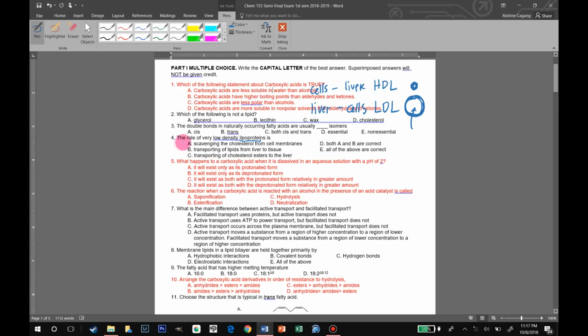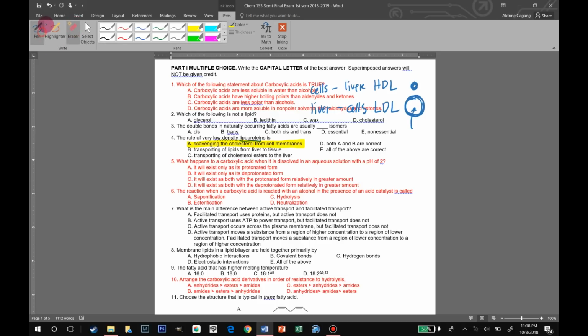So the role of very low density lipoproteins, the most appropriate answer between the choices is going to be letter A. You have scavenging the cholesterol from cell membranes. Letter B is not applicable to your... Oh no, wait.